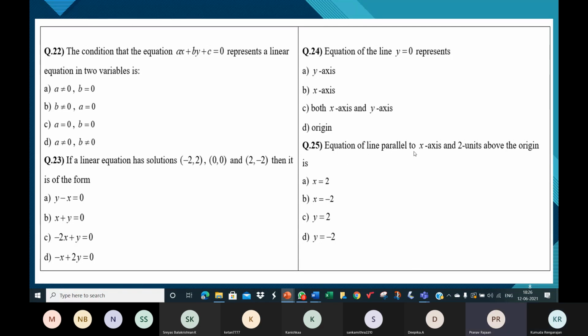Yeah, parallel to x-axis, and 2 units above the origin, so it will be positive. So y is equal to 2.